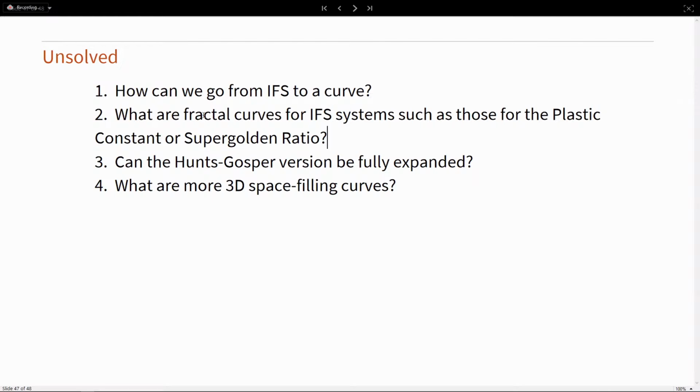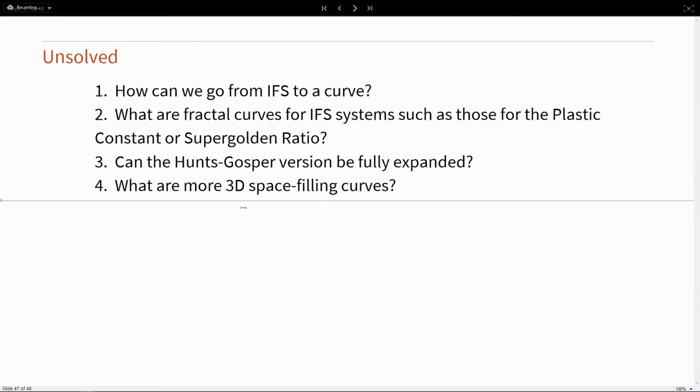What are fractal curves for iterated function systems such as the one shown for the plastic constant or the super golden ratio? I'd be very interested in seeing those. Can the Hunts-Gosper way of turning a curve into an exact function be fully expanded? It would be interesting to see how much could be done with that.